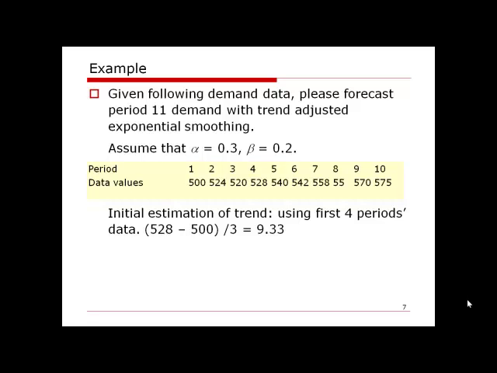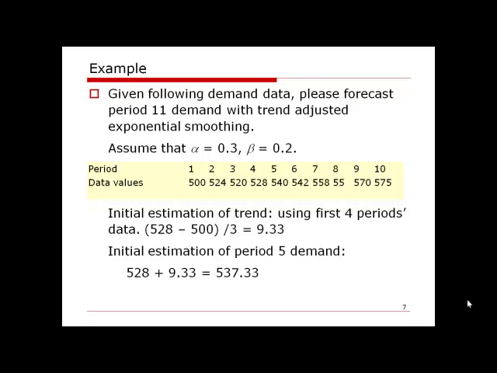And then we conduct the first estimate or the forecasting for time period 5. Here we remember the forecast for the trend-adjusted exponential smoothing includes two parts, the exponential smoothing estimate and the trend. Trend is what we estimated as 9.33. And for the exponential smoothing estimate, we use the naive approach as the initial forecast.